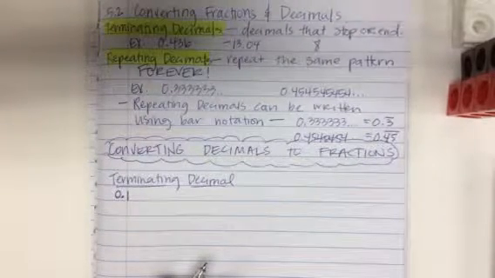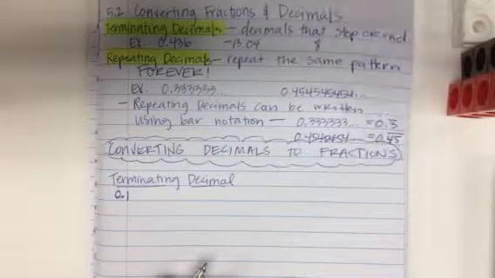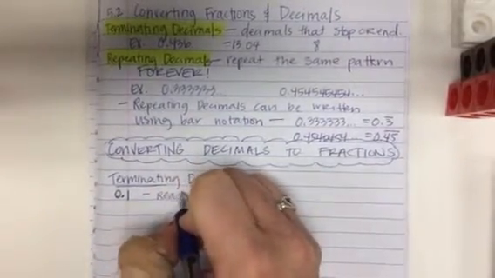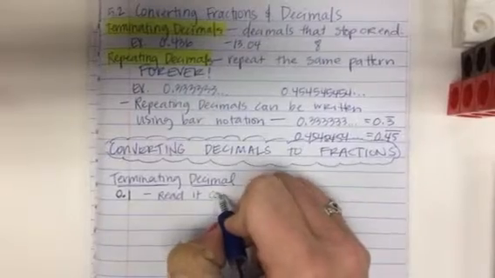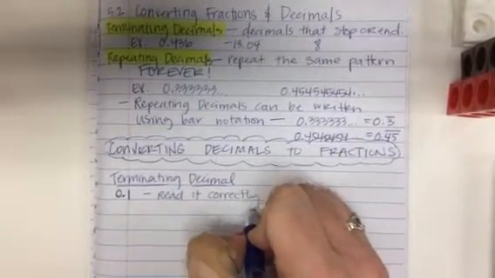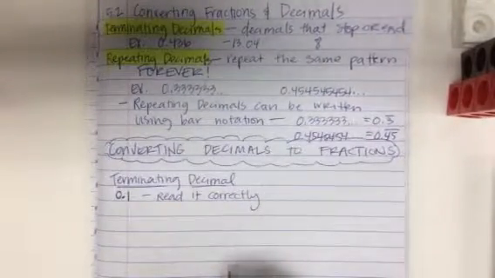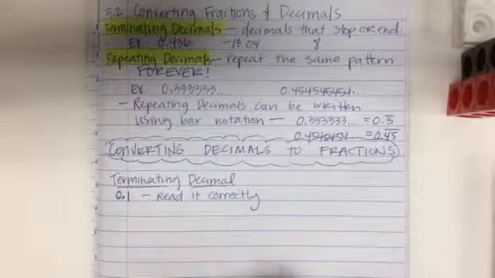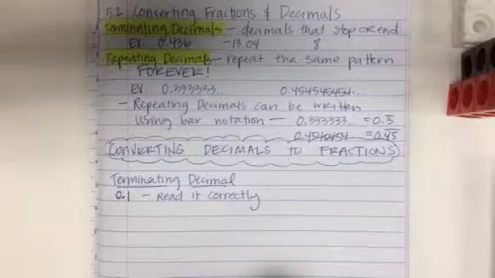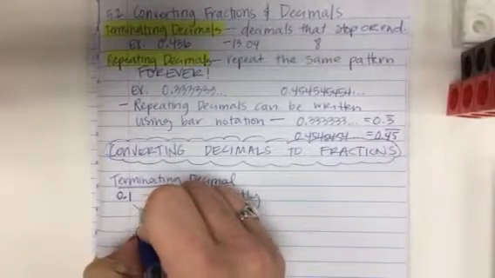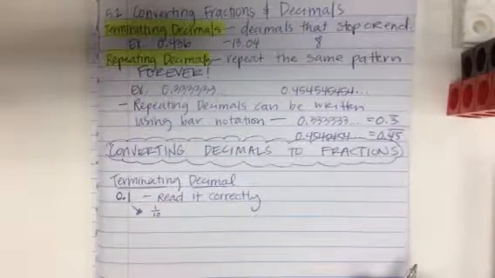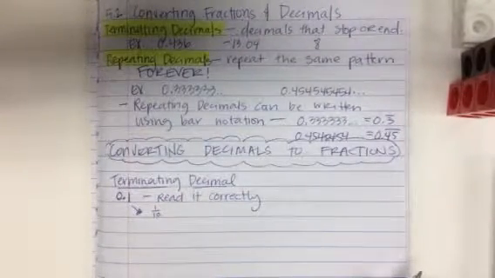How'd you know? Because the 1 is in the tenths place. Yeah, if you read it correctly. Instead of saying 0.1, if you said 1/10, you just wrote it as a fraction.